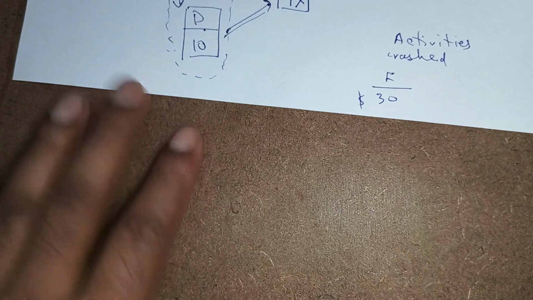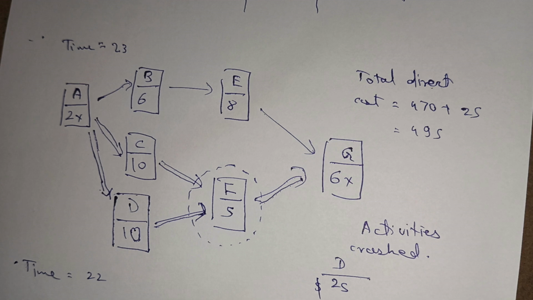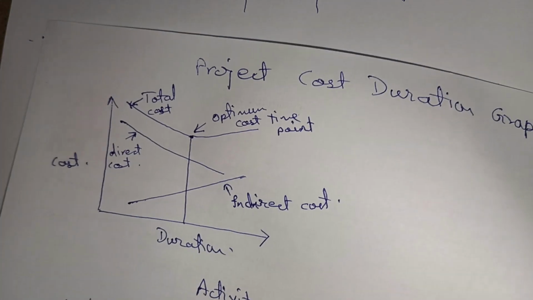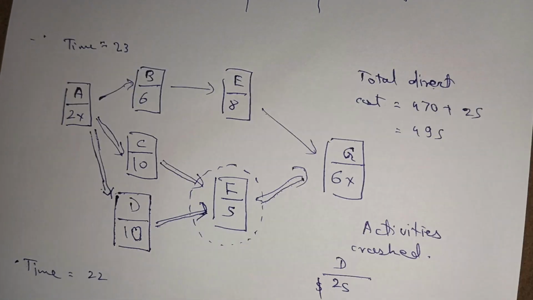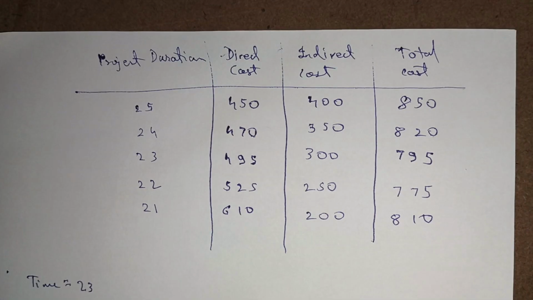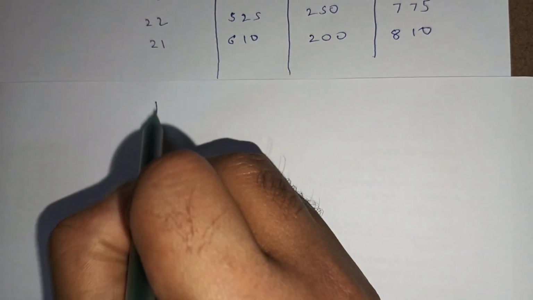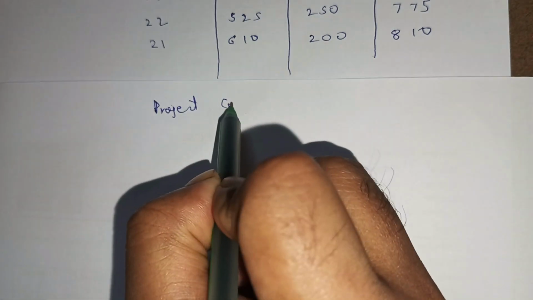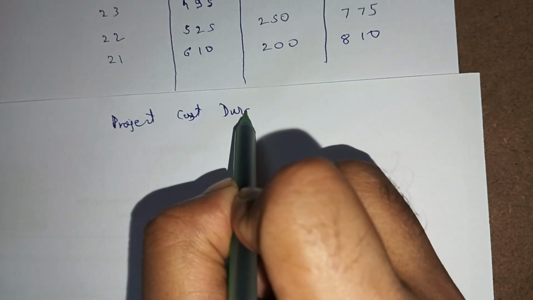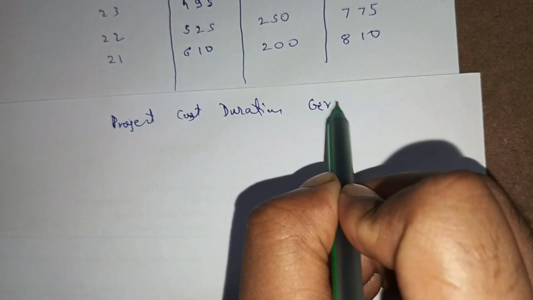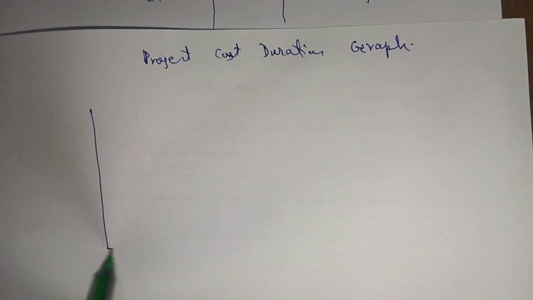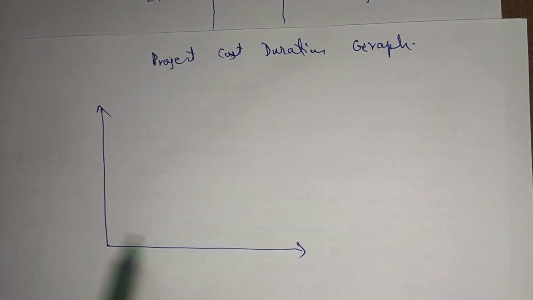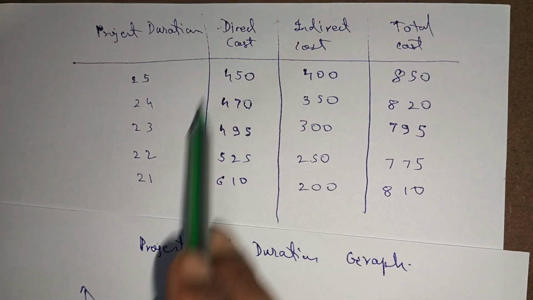Okay, so we started with a project cost duration graph. Okay, we got this. So now we'll try and make this graph with the help of the numerical that we solved. Here we have the values. Okay, so we'll plot this project cost duration graph. Okay, so we make it again. From this table, look at which is the minimum value here.